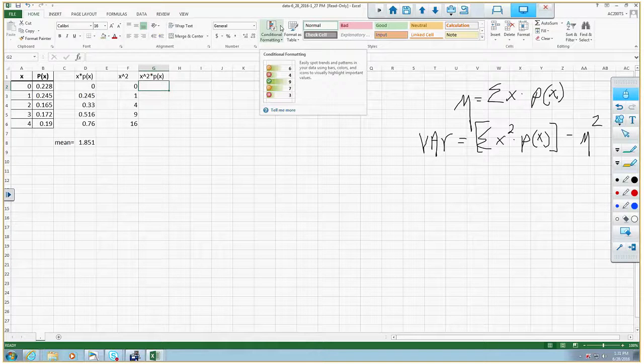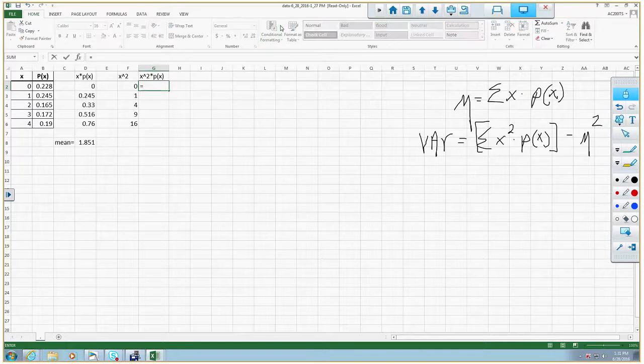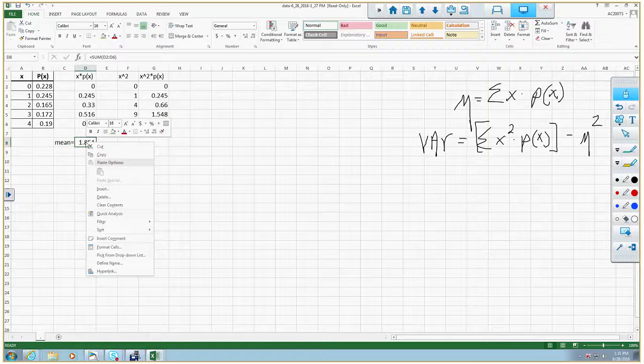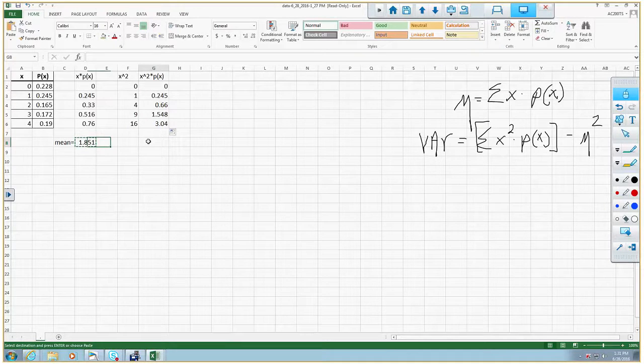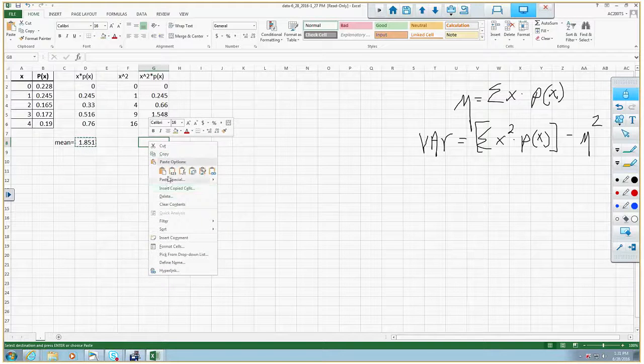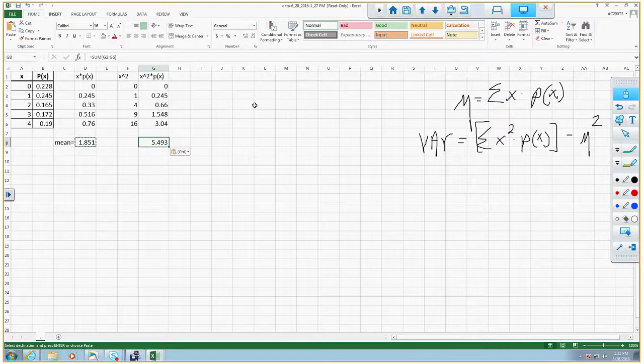X squared times p of x equals... p of x is right there. Oh, you get the same answer. I wonder why. That's a miracle. And we sum that up. I get 5.493. Y'all check that. And that's this guy right here in the brackets.